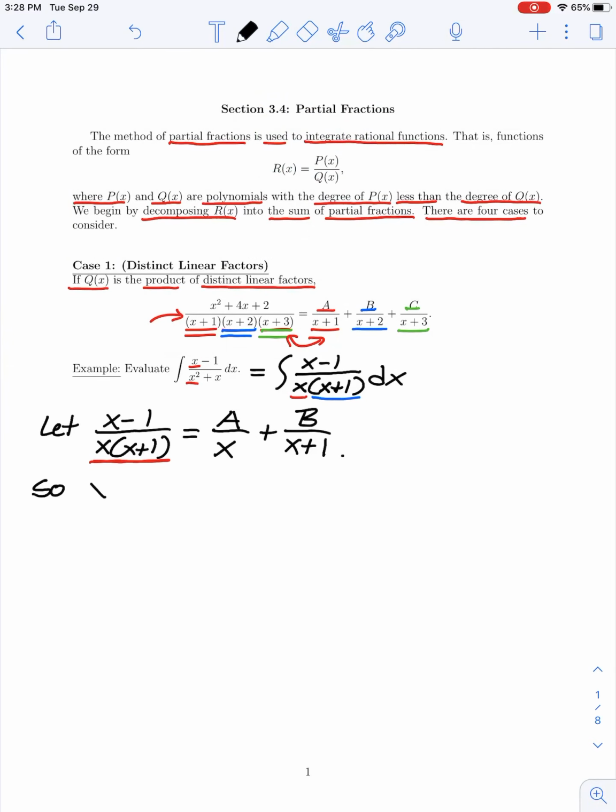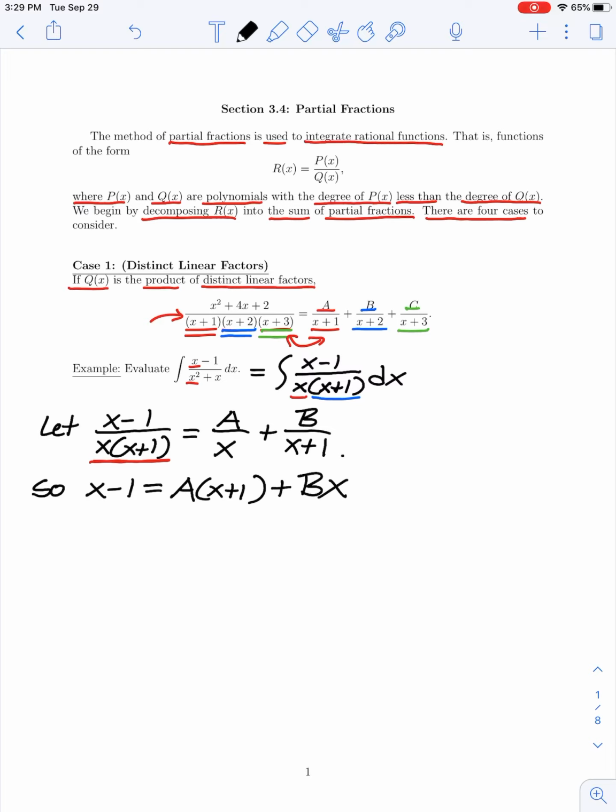That will leave me with a left-hand side of x minus 1, which would be equal to a times (x plus 1), because when I divide by x, I just have the x plus 1 term. And then I would have b times x, because when I divide by the x plus 1 term, I have just b times x.